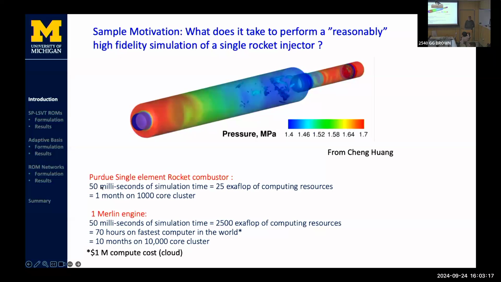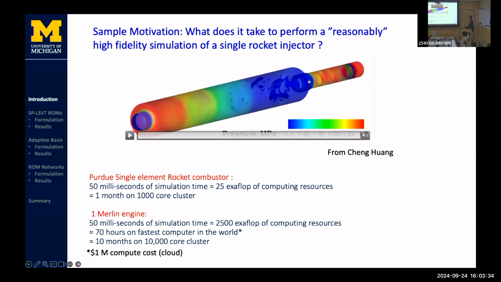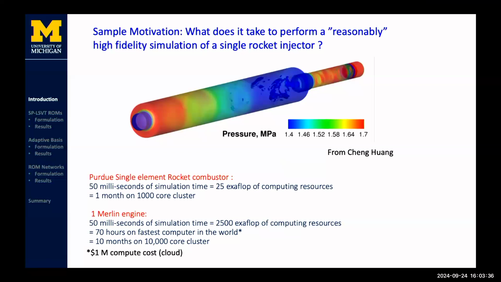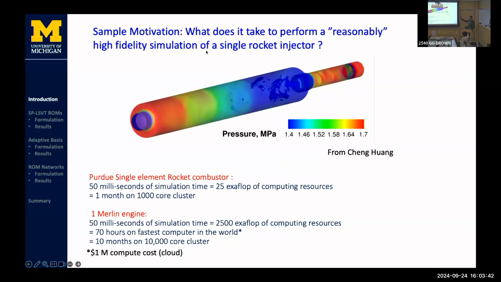So running one calculation like this for 50 milliseconds of real time is about a month on a university scale cluster, right? So that's the kind of expense it takes. That's how expensive these simulations are. But the problem is in a real rocket combustor, you have hundreds of these elements.